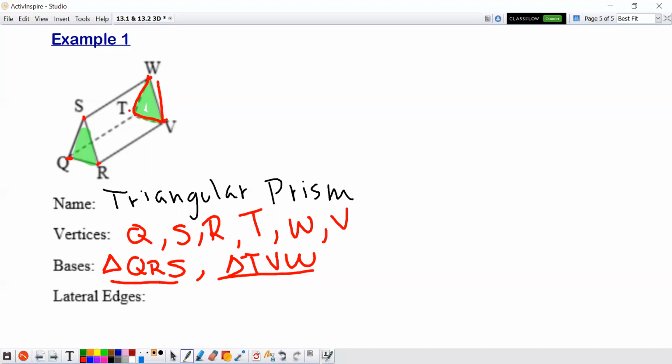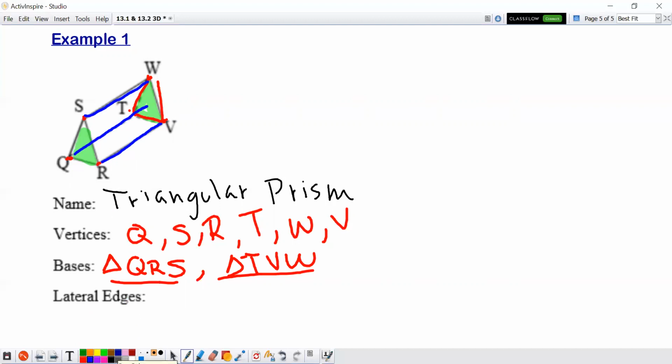And then the last one is lateral edges. The lateral edges are like the sides, the edges that go around your shape. So that's an edge. This one's an edge. And that's an edge. They're lateral edges because they're not on the bases.